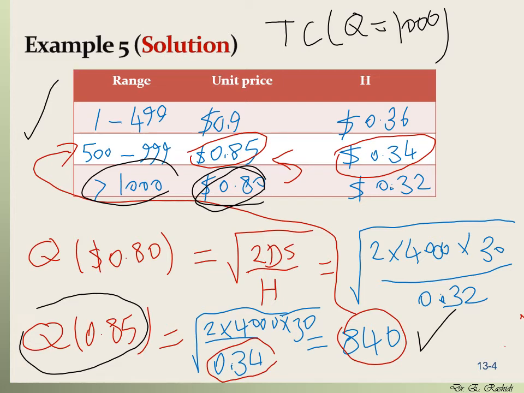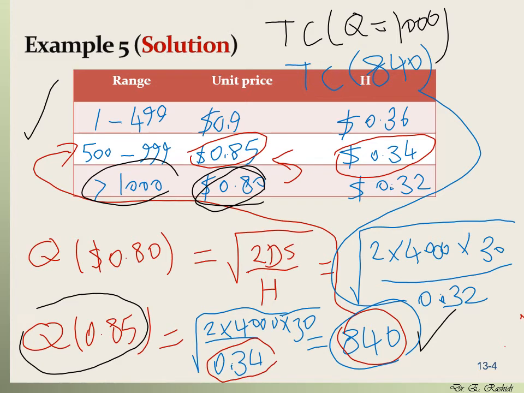And we're going to compare that with the total cost of the quantity that we found here, which is 840. So we're going to compute the total cost for Q equal to 1,000 and Q equal to 840. Whichever is the lowest, that quantity would be our optimal quantity to order.